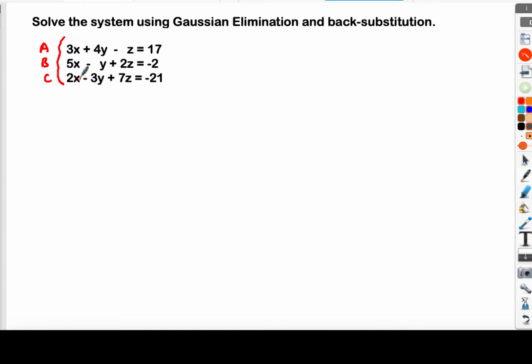What I'm actually going to do is go ahead and subtract. I'm going to take equation A, and I'm going to subtract equation C, and actually produce a 1x, all right?